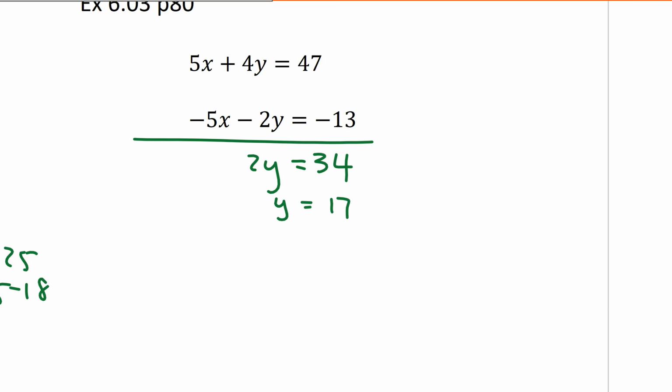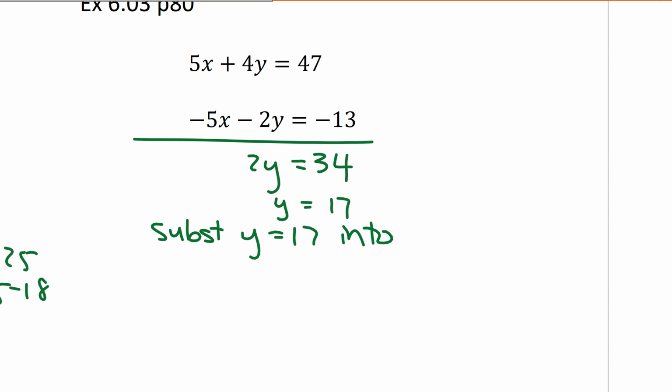Okay, now what do I have to do? Who got to that stage, y equals 17? Okay, so all of us did. Most of us did. Nearly all of us did. What do I do after getting there? Substitute back in, yeah? Okay, so substitute y equals 17 into, what equation do you think you'll substitute into?